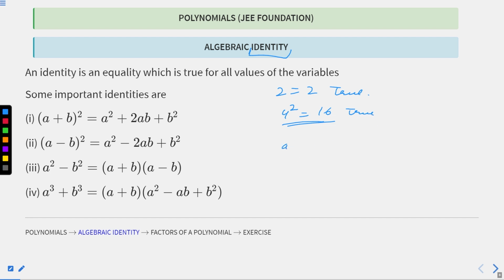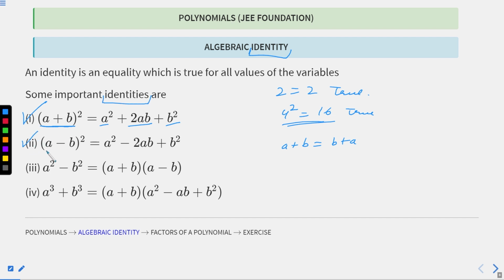In general, a plus b equals b plus a is also a kind of identity. Some other identities are given here. For example, (a plus b) whole square equals a square plus 2ab plus b square. This always happens. I hope you are clear what we mean by identities.